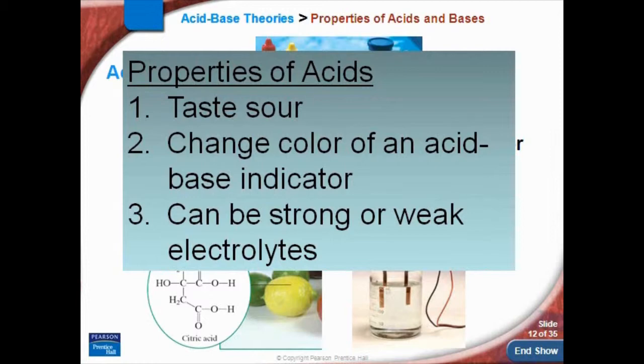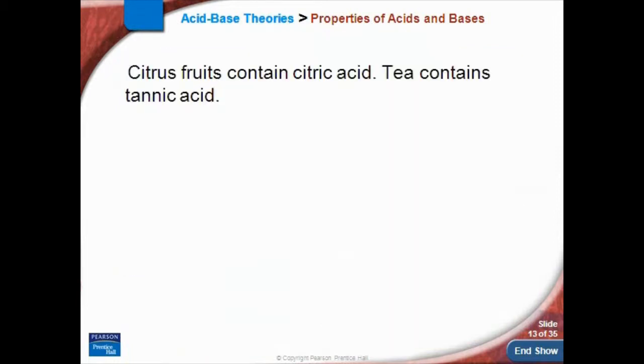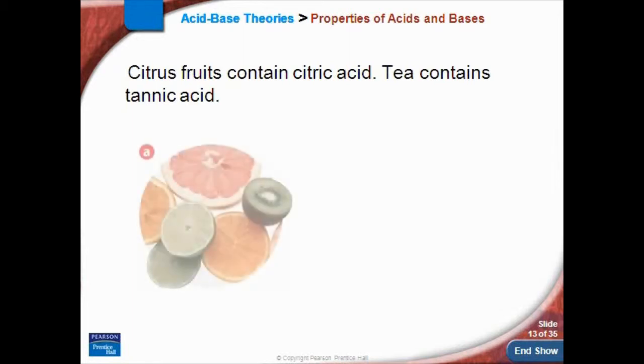I'm going to give you a few more seconds to write these down in your notebook. Citrus fruits have an acid called citric acid. Tea contains an acid called tannic acid.